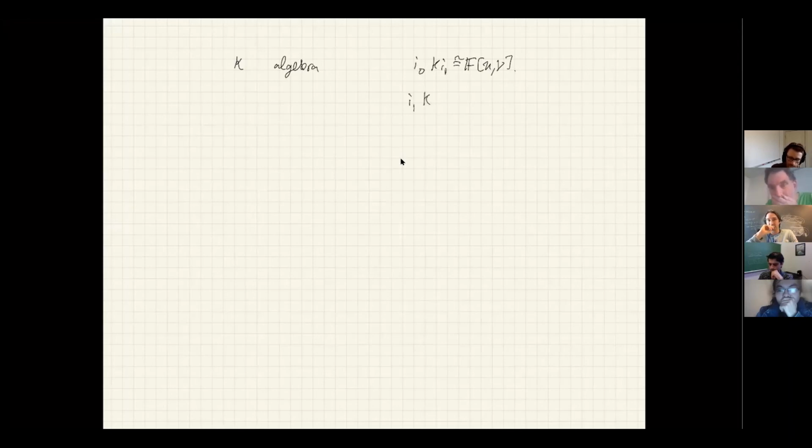So you have idempotents I0 and I1. In idempotent I1, you have F adjoin U, V, V inverse. And then you have some arrows that go from idempotent 0 to idempotent 1.